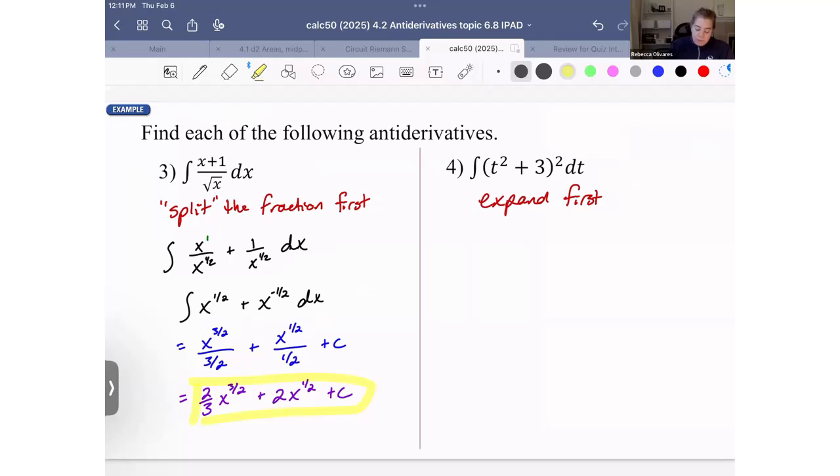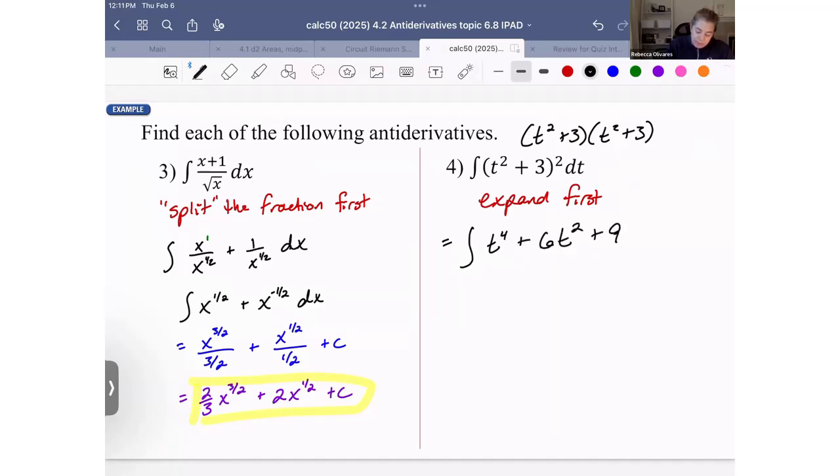Okay, so for example 4, the expand first means I'm going to essentially write that twice and then FOIL it. So 2t squared plus 3 times 2t squared plus 3. So that's going to be the integral of 4t to the 4th plus 12t squared plus 9 dt.